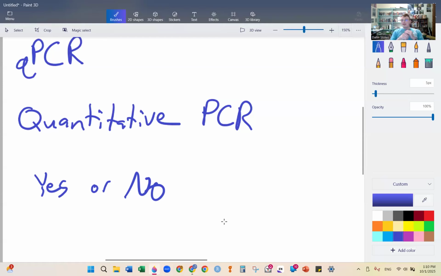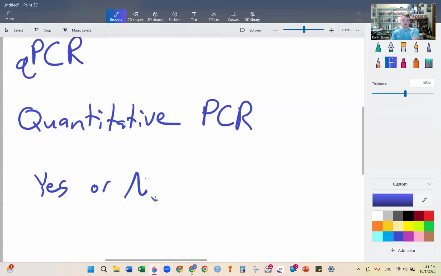So if I want to try and give you a more specific diagnosis, I need more information about how many copies you have, because we can't tell that from an ordinary PCR. We can only tell, yes, you have COVID RNA, right? And there are other applications too, but that's an example that we can all relate to.